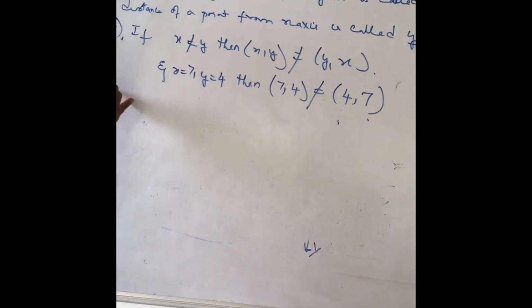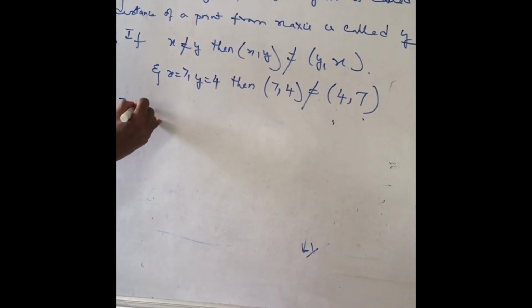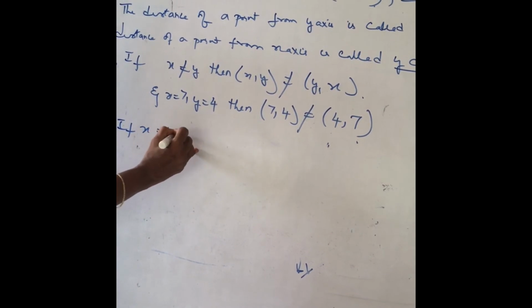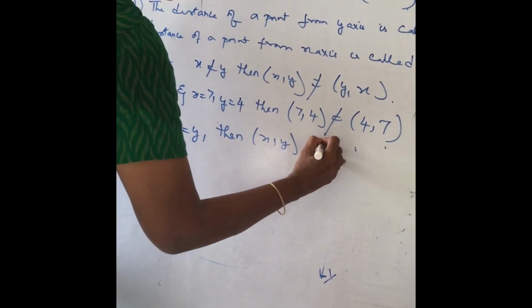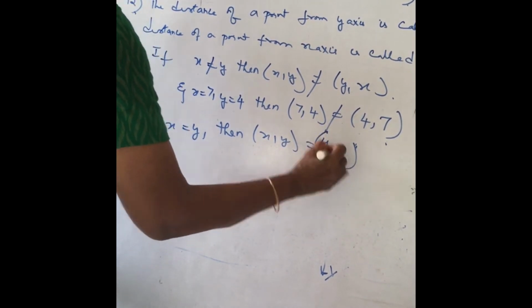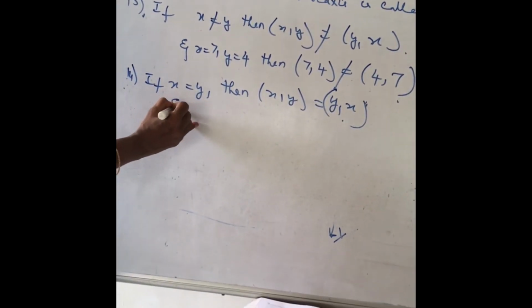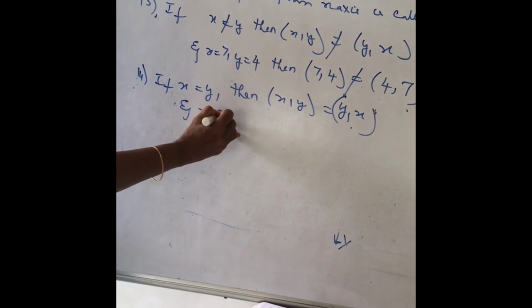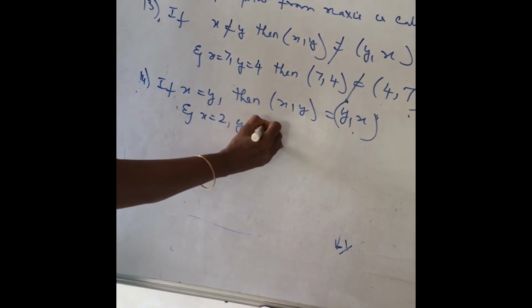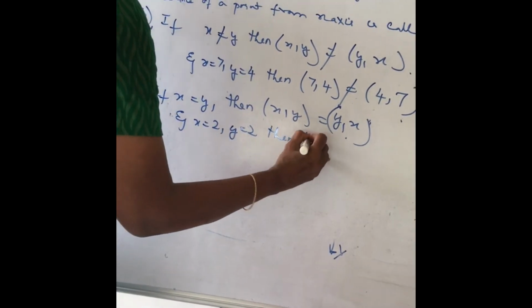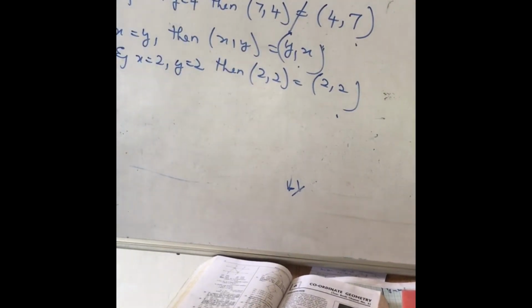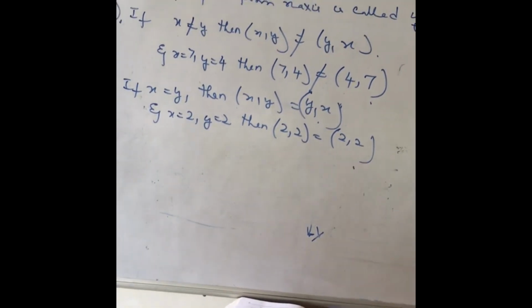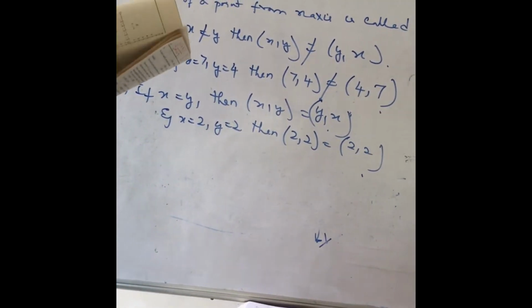Next, if x is equal to y, then x comma y is equal to y comma x. Example, x is equal to 2, y is equal to 2, then 2 comma 2 is equal to 2 comma 2.